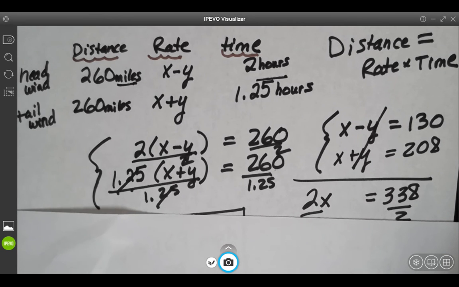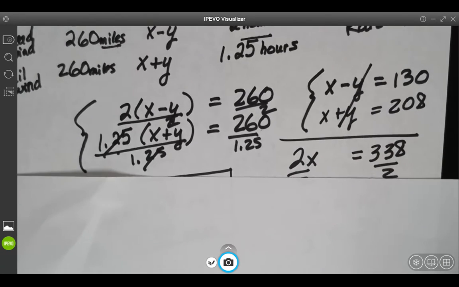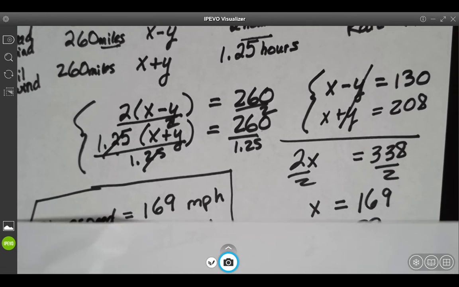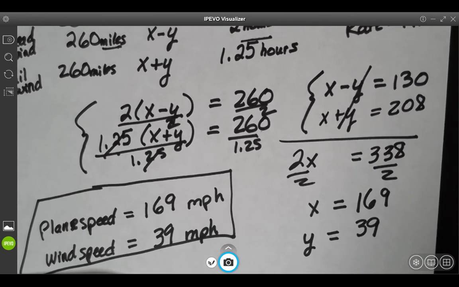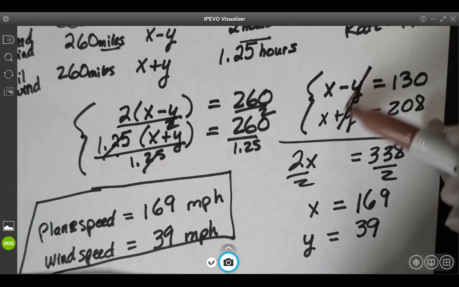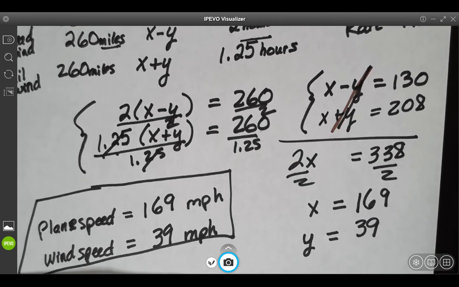And this is really set up now for elimination. All we have to do is add these together and we eliminate the y. So we get 2x equals 338, so x is 169.